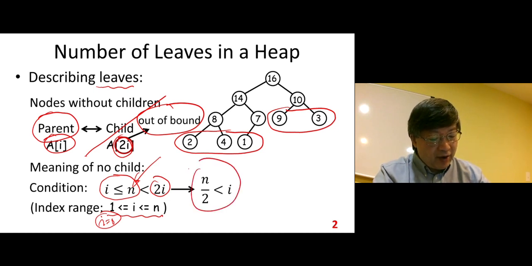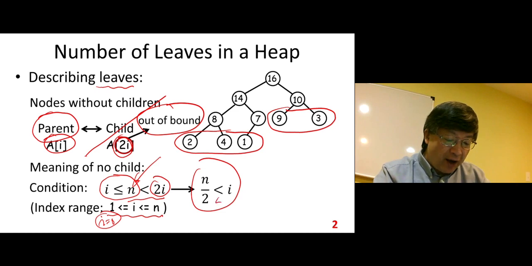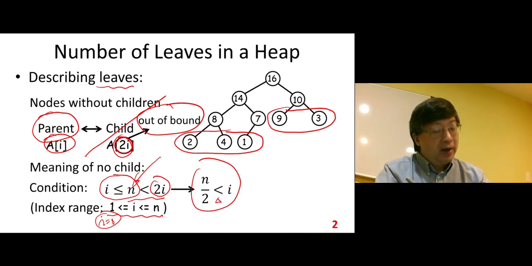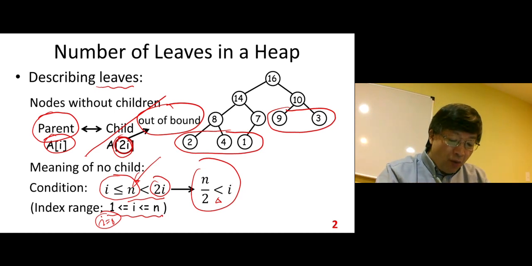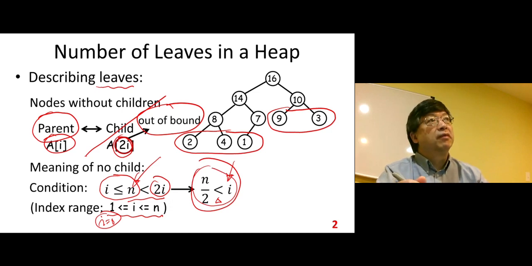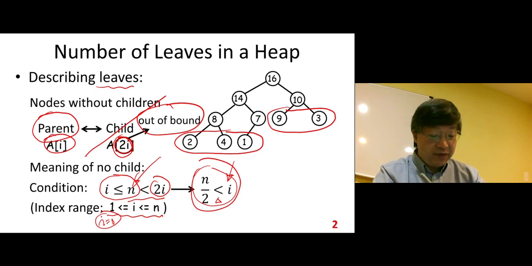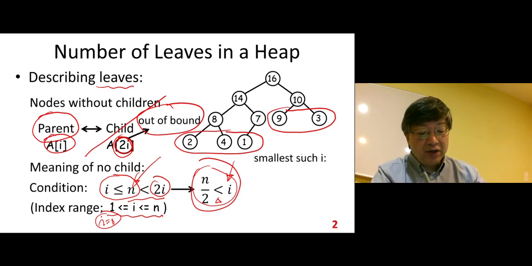Now we can divide this inequality by 2, and we have n over 2 strictly less than i. But i must be an integer. So the question is, what is the smallest integer i that satisfies this inequality? That's very easy. The smallest such i is floor of n over 2, plus 1.